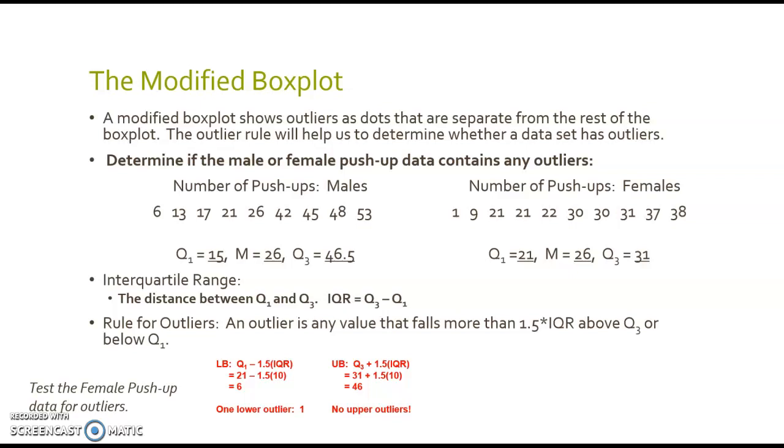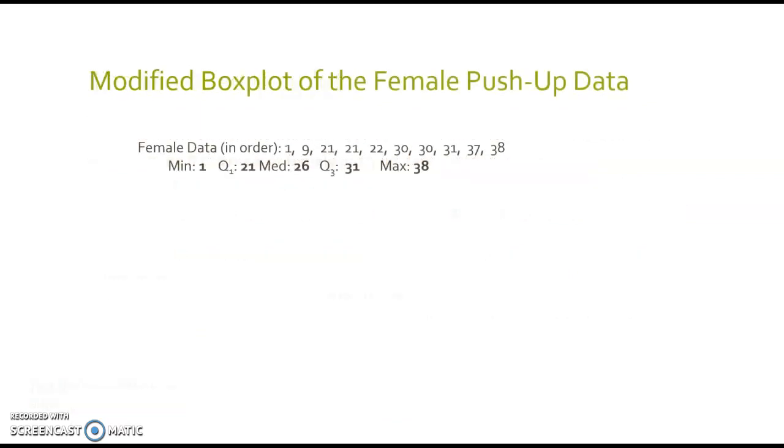Therefore, there are no upper outliers. In this question, I only asked you to determine first if the female push-up data contains any outliers, and we've decided there is one. It is that female that only did one push-up. Now, let's make a modified box plot for the females. The lowest value in the female data that is not an outlier is 9. 1 is an outlier, so that is going to be separated from the whisker on the lower side of the box.